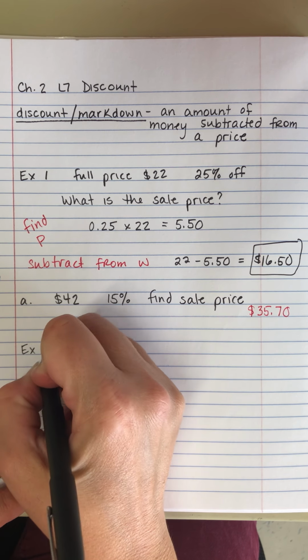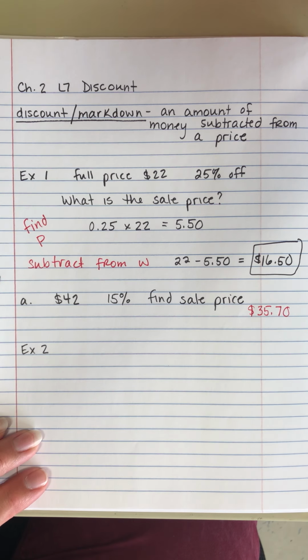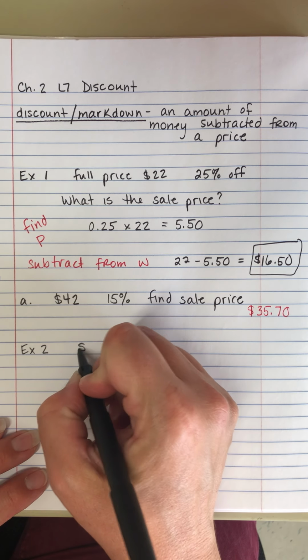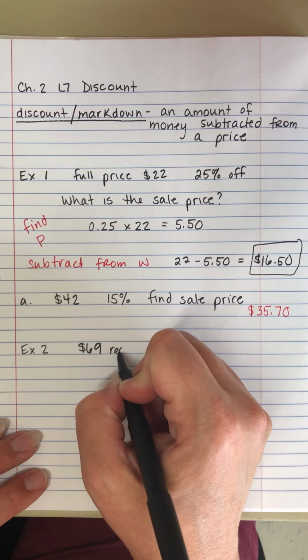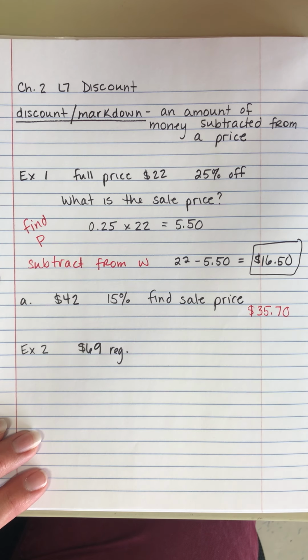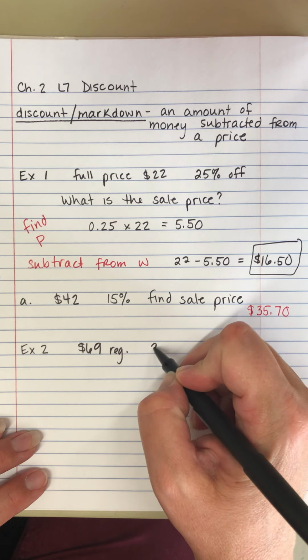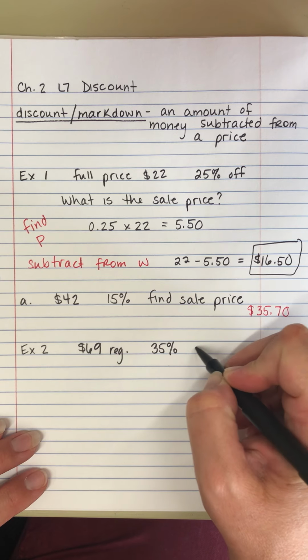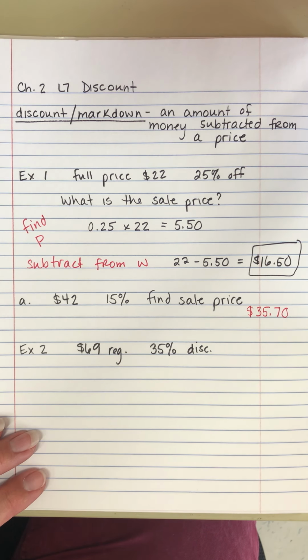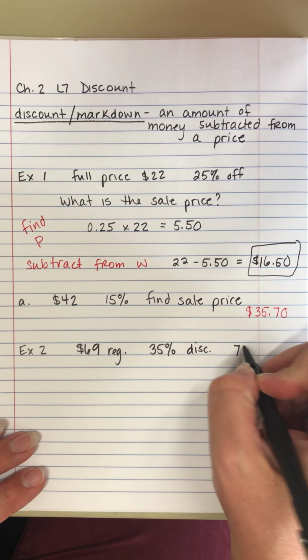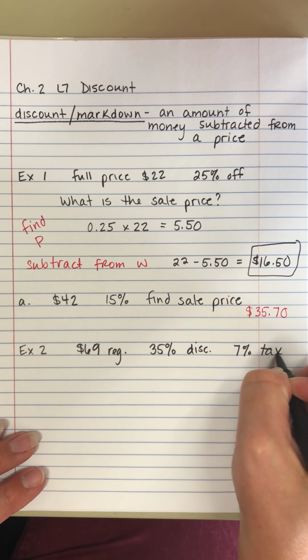Example 2, we've got a boogie board that has a regular price of $69. We have a sale of 35%. DISC stands for discount. And we have 7% tax, so we are adding another thing in here.